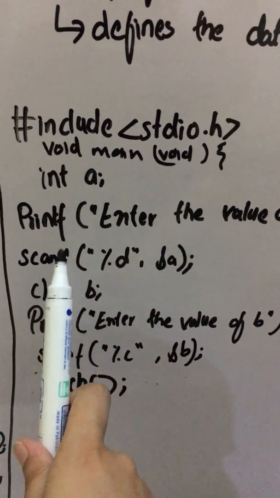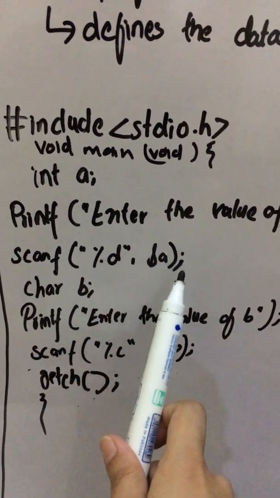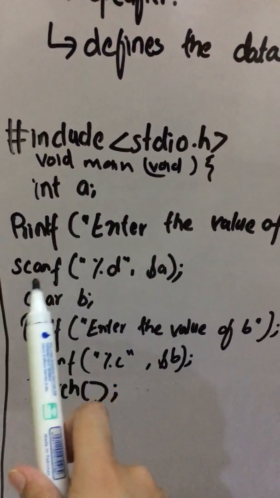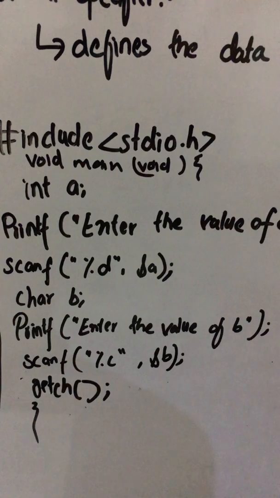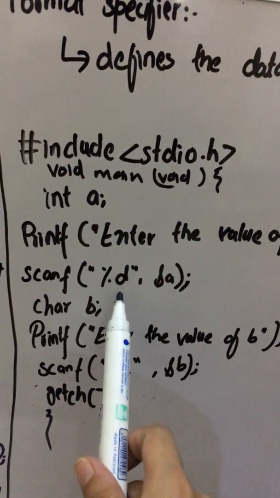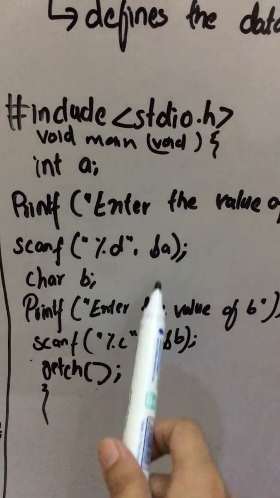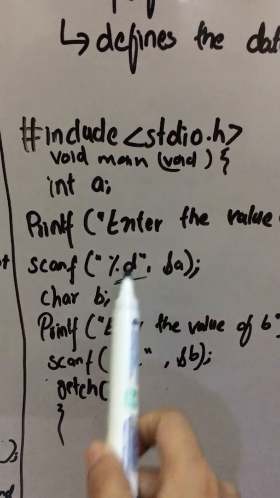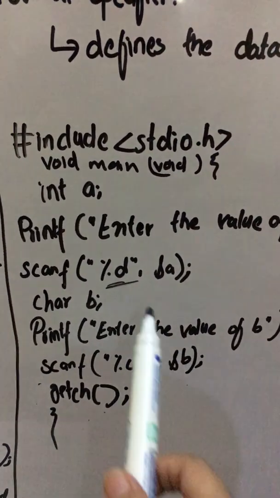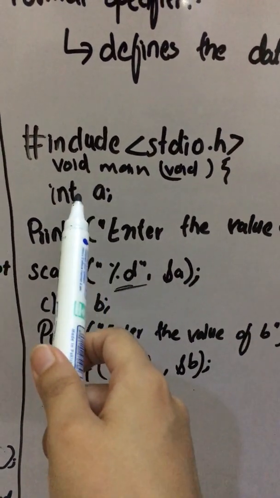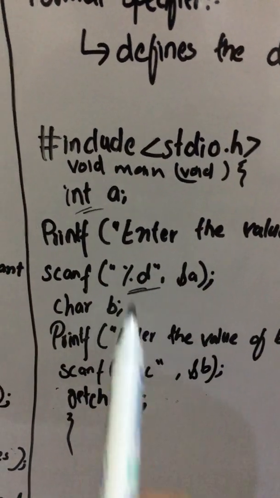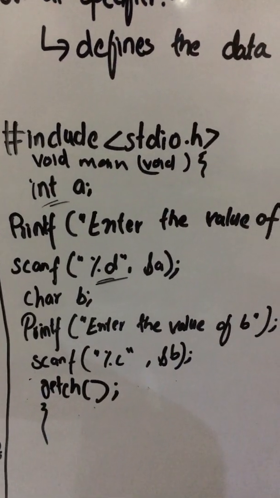Then the input function scanf %d, comma &a. The value of a will be saved with this scanf function, and you have used %d. %d stands for decimal integer. So here our format specifier is %d. Why %d? Because a is of integer data type and d stands for decimal integer.